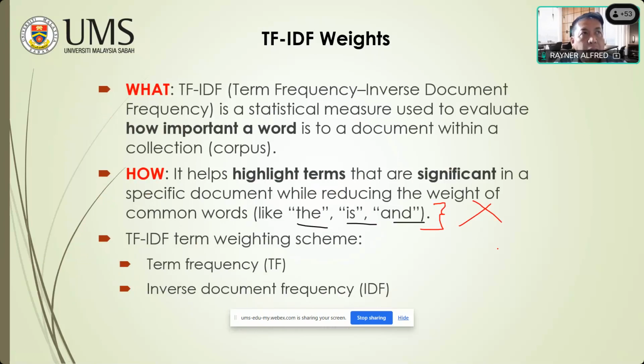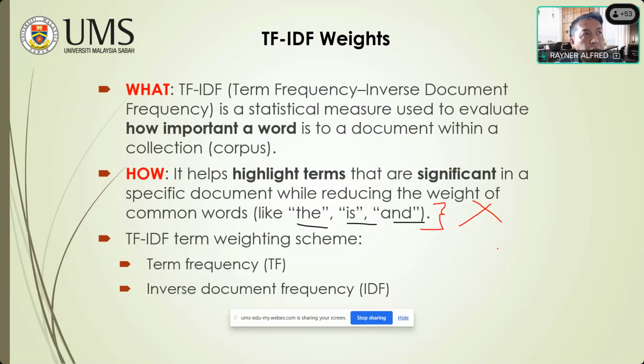For the Boolean model, if we recall, the disadvantage of the Boolean model is that we cannot perform ranking, and we have to do exact matching. We cannot do partial matching, and at the same time the results returned to us are too many or too few due to the fact that we have to do exact matching.